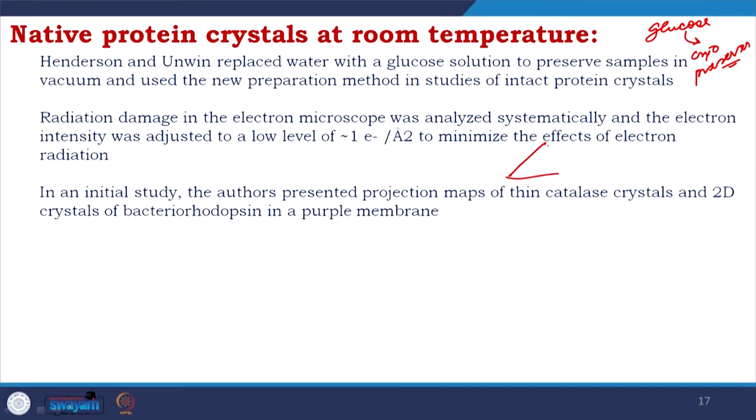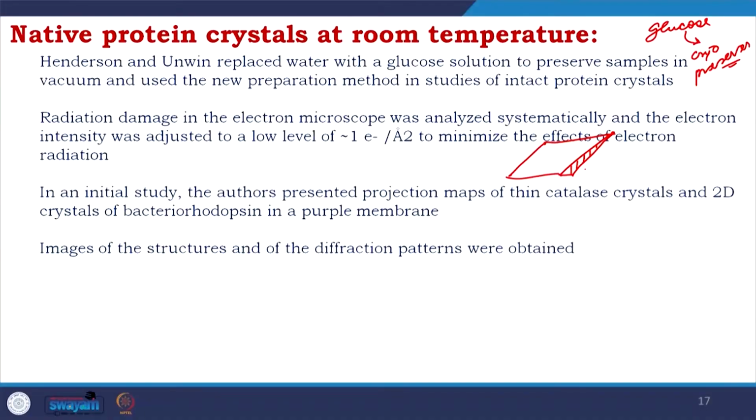So, they do not have the third dimension, and when we are talking about bacteriorhodopsin, you would remember it is the first protein for which Richard Henderson came up with the structure using cryo-electron microscopy. Images of the structure and of the diffraction patterns were obtained.